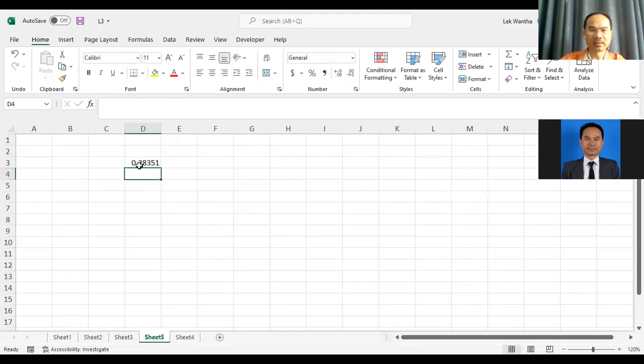To get 0.284, it's the same calculation.